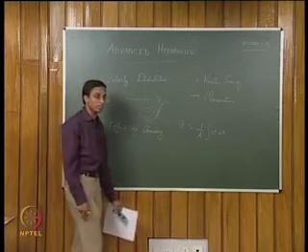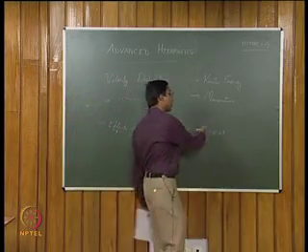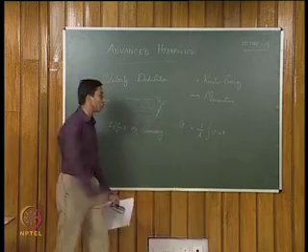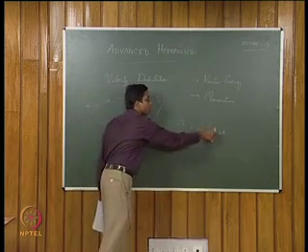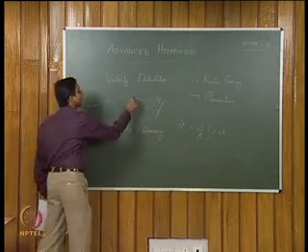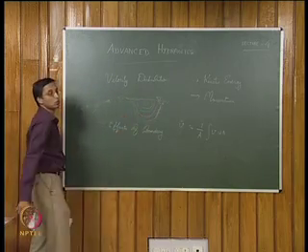So, in most computational purposes you can use the average velocity instead of the individual velocity at various locations in the cross section.